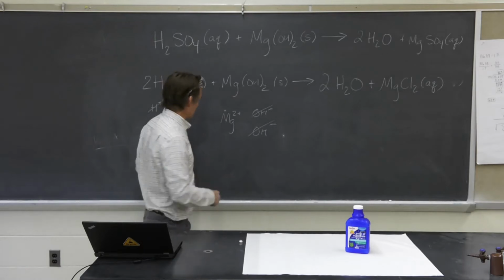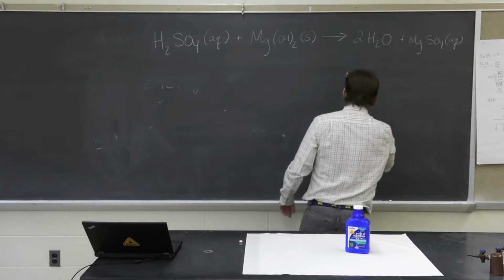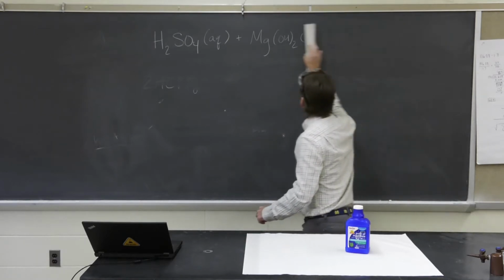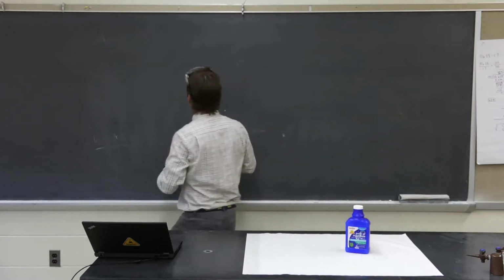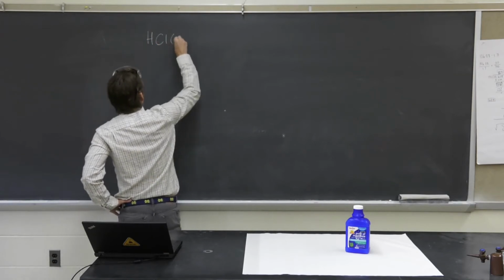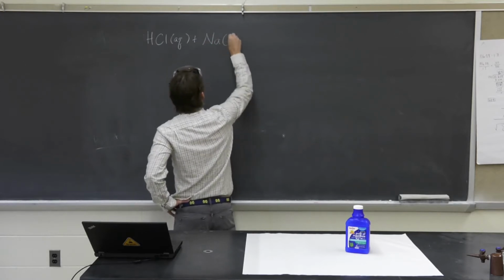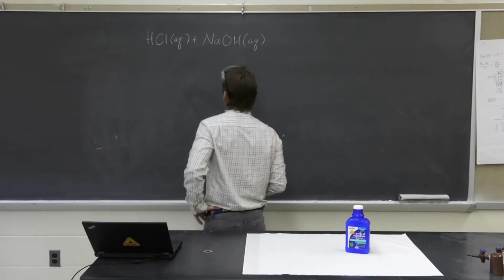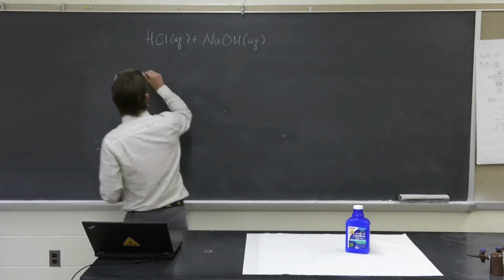We can write these reactions in terms of complete and net ionic equations, like we've learned about before. Let's do the simple one first. So we've got HCl aqueous plus sodium hydroxide aqueous. If I was going to write this as the complete ionic equation, I'm going to break all these into their constituent ions.